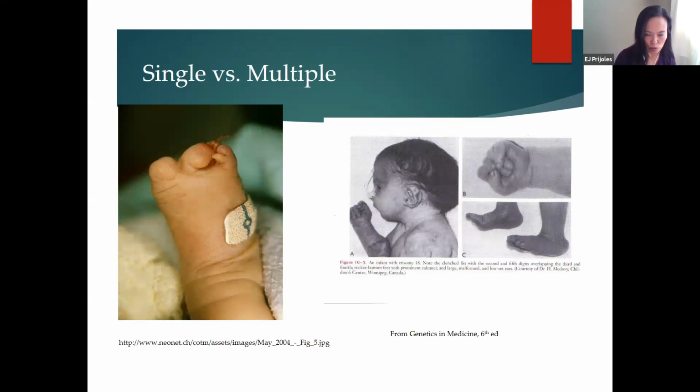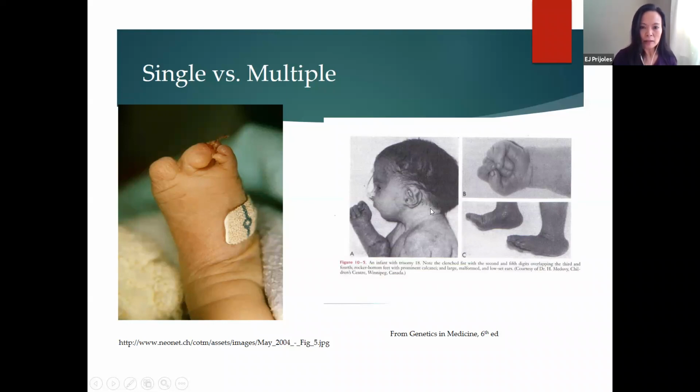And this is an example. It's a single birth defect, and this would be an example of amniotic band. So a single defect affecting one limb, or the foot, with some areas of constriction bands that give you evidence for amniotic band, and sometimes they can also have syndactyly.